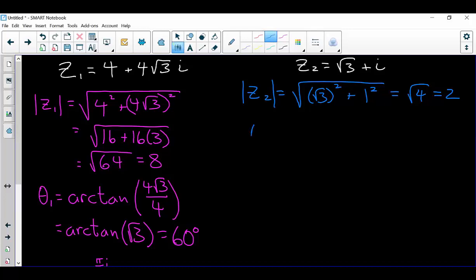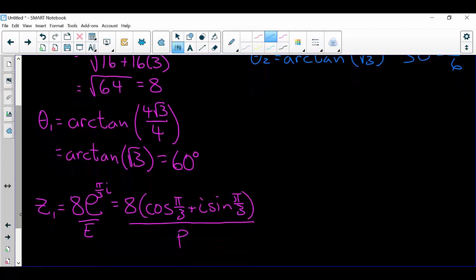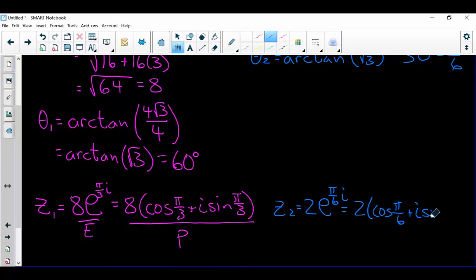Now, as far as the theta goes, it's going to be arctan of 1 over the square root of 3, which is 30 degrees, or pi over 6. So now we have Z2 is equal to 2e to the pi over 6 I, which is 2 cosine pi over 6 plus I sine pi over 6, like that.